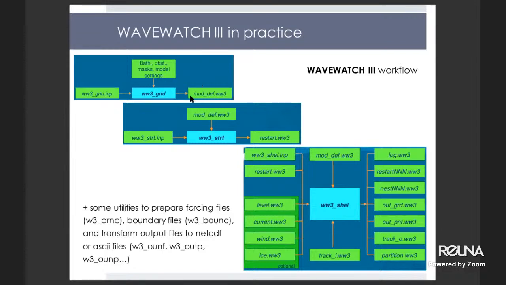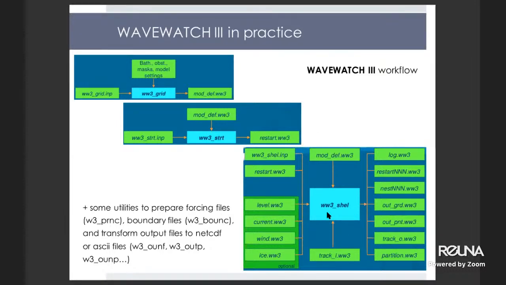And then you have a file named mod_def.ww3, which is the grid for Wavewatch in a binary file, and which will be used in all the other steps of the code. Then you have a start program, which is used to prepare initial conditions.